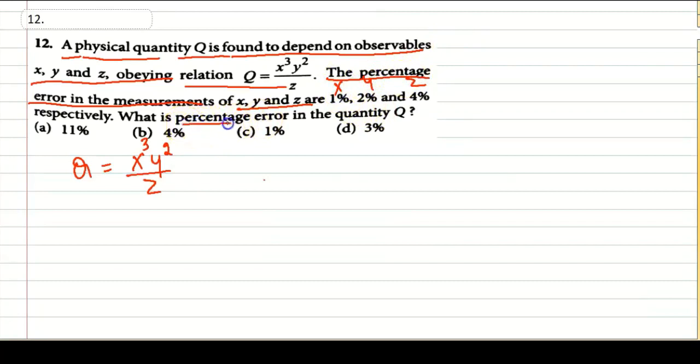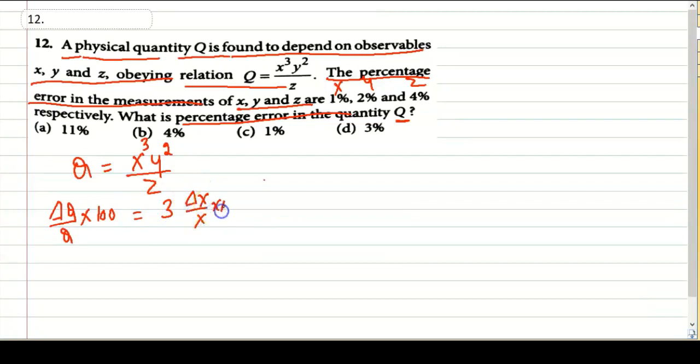What is the percentage of error in the quantity Q? So delta Q divided by Q into 100% is equal to 3 delta x by x into 100 plus 2 into delta y by y into 100 plus 1 into delta z by z into 100.